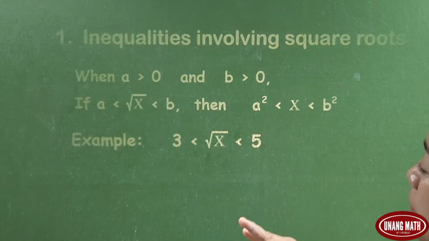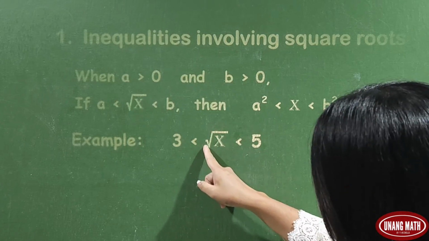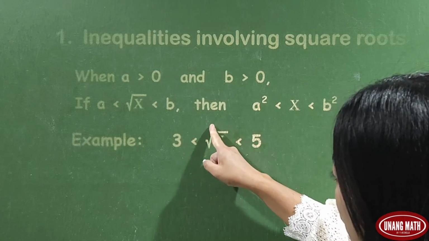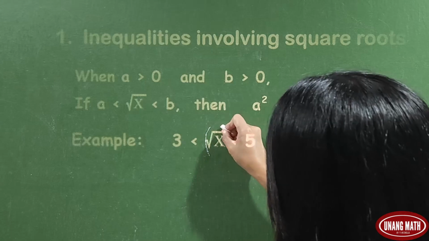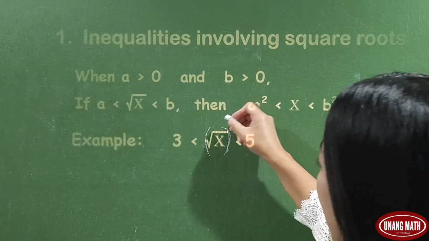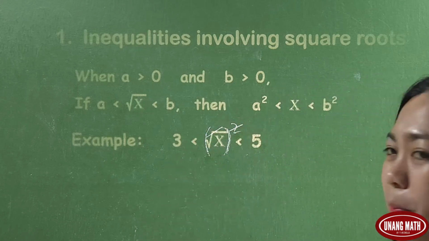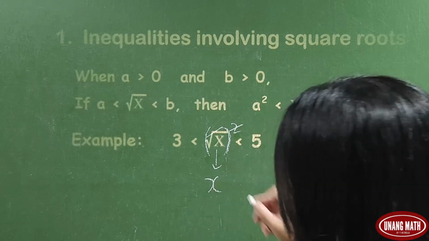In our previous episode, we already learned that the meaning of this square root sign, or this radical sign, if there's a number inside, is to square this one. So this exponent and this radical sign will be removed and we will just copy this x.